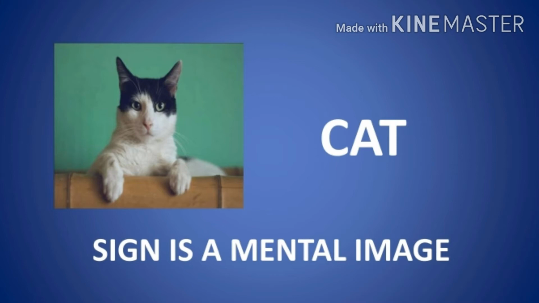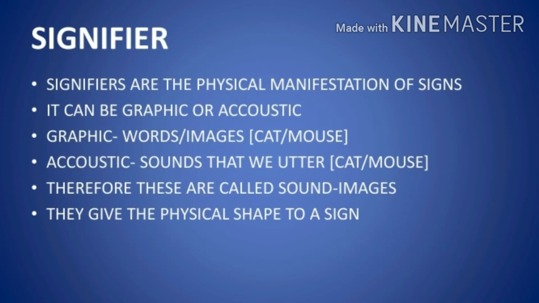Then what is a signifier? Remember the graphic images that represent the sign, such as the word, the image, even the sound. When I say cat, cat. These images and sounds which symbolize a mental image, that is a sign, are called signifiers.